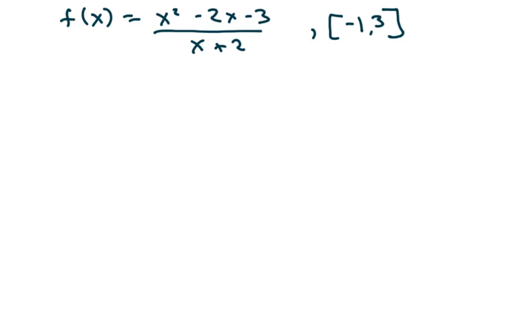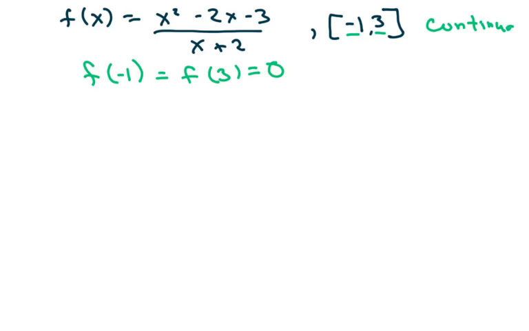So I'm going to plug in my -1 and 3. If I plug in -1, I'm going to get 0. If I plug in 3 for all the x's, I'm also going to get 0. So therefore that means it is continuous on this closed interval.